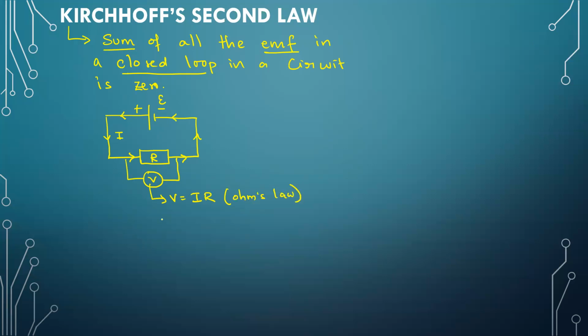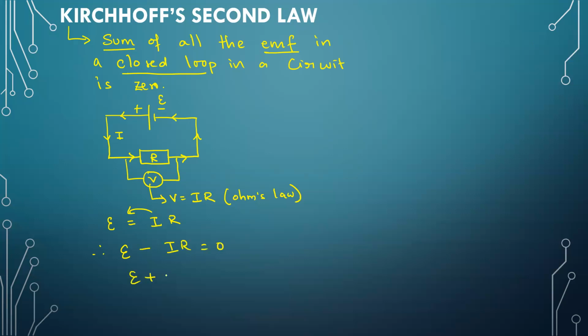Now, in case there is no loss of energy in the circuit, which is ideally not possible, there will be some loss, but in case there is no loss and the resistance of the conductor is minimum, then my EMF itself will be nothing but IR, isn't it? So I can shift the IR this side, which will become E minus IR equal to 0.